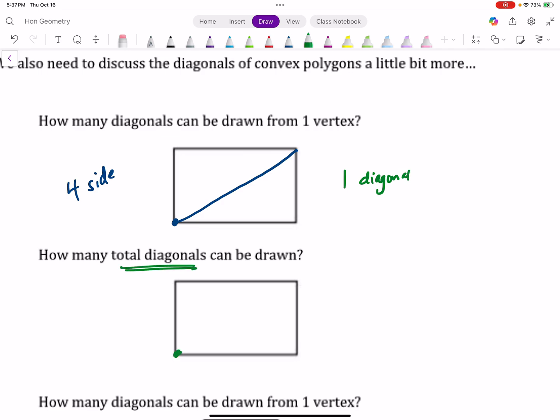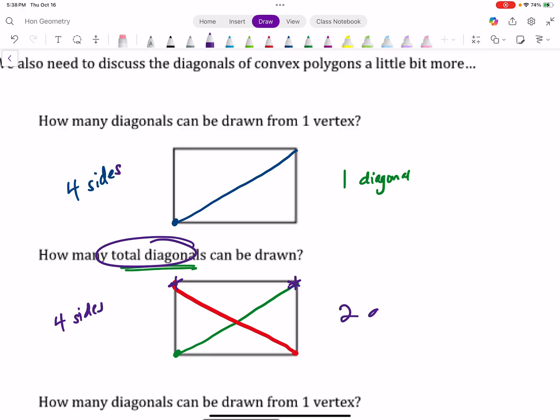Pick a corner, there's a diagonal. Pick another corner, there's a diagonal. When we get to the last 2 corners, you've already drawn those diagonals in. So if there's 4 sides and I'm doing total diagonals, then there's 2 diagonals that I could draw in.